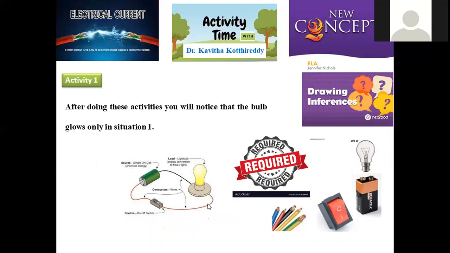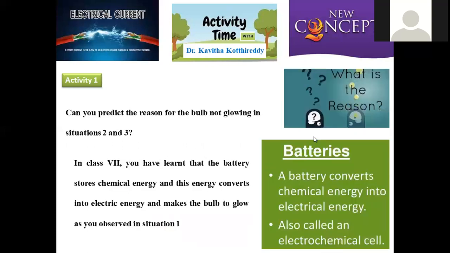So only situation 1 is capable of giving the glowing bulb. The essential materials required to glow the bulb are: one bulb and an energy source. Not only a battery, any other energy source may be used. A switchboard is required in order to optimize the voltage, and any other conducting material is also important. These are the required materials.